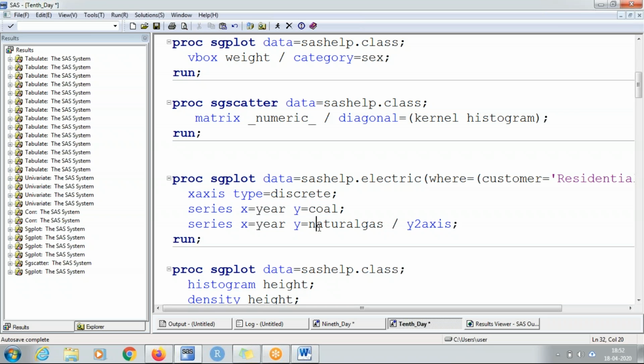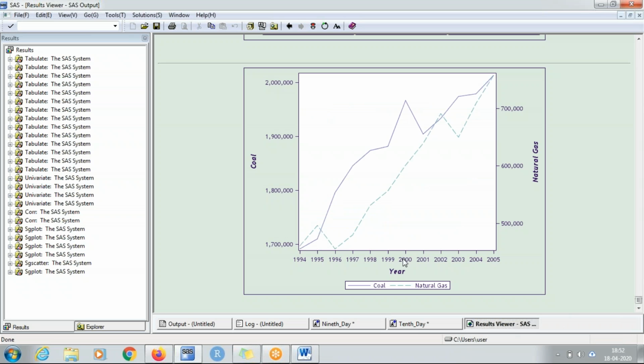Again, x is year, and y is natural gas. However, on which y? The y2 axis. So this is your y2 axis thing, this is your y axis thing, which you can refer from here.